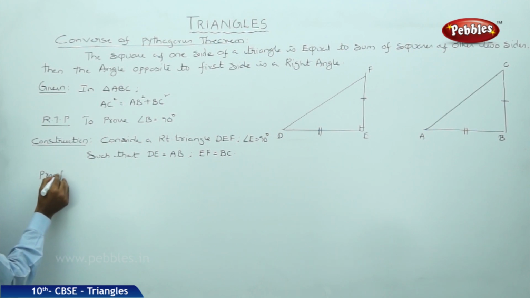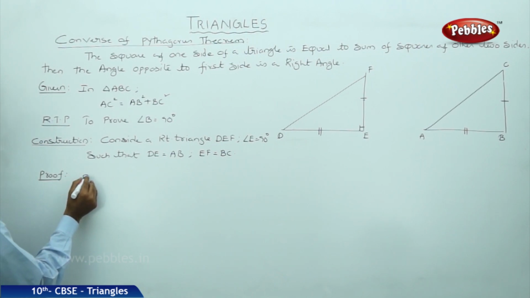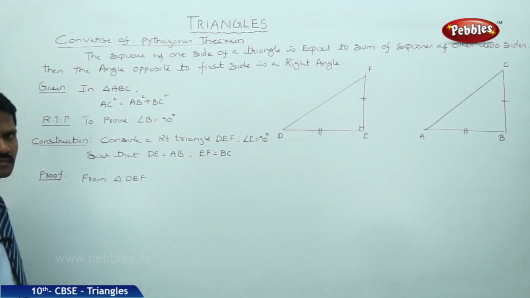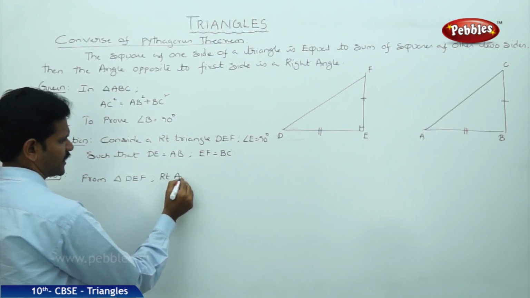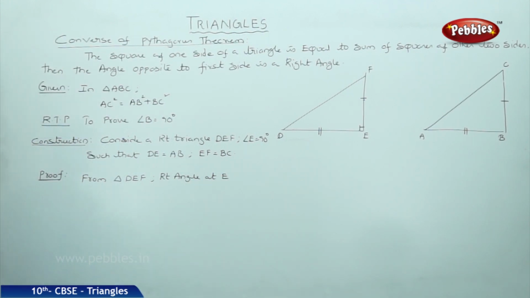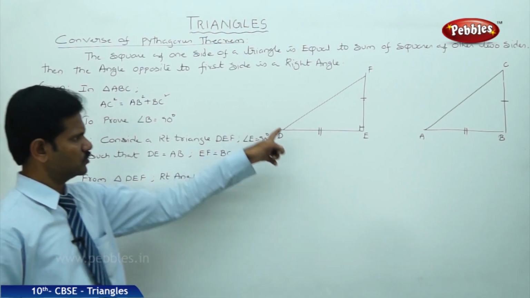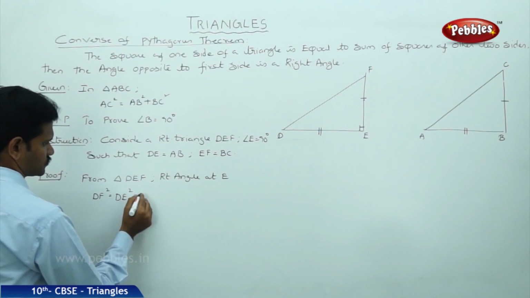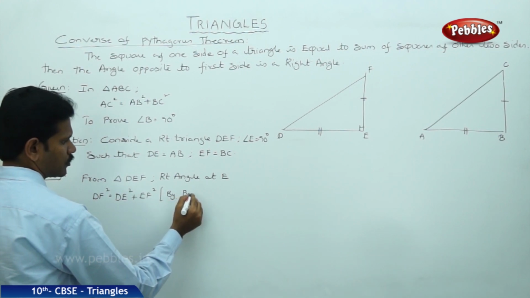Now proof. Now from triangle DEF, right angle at E, we can write DF square is equal to DE square plus EF square by Pythagoras theorem.